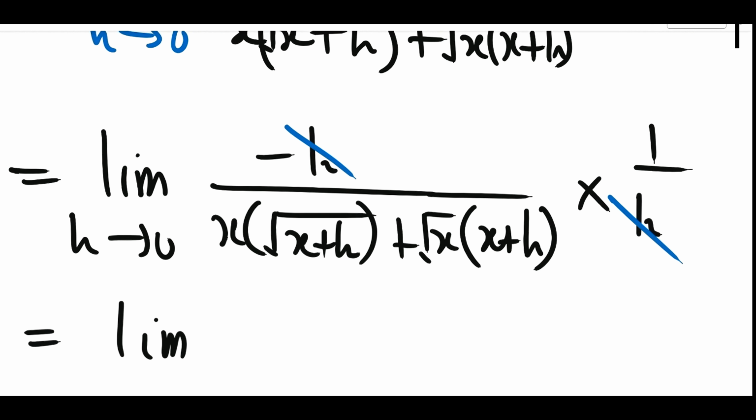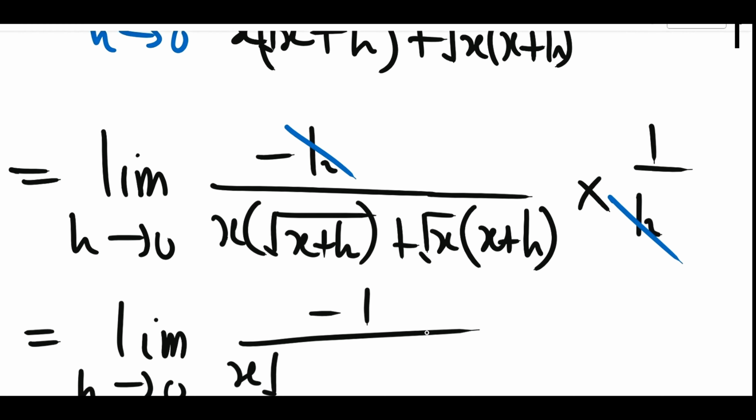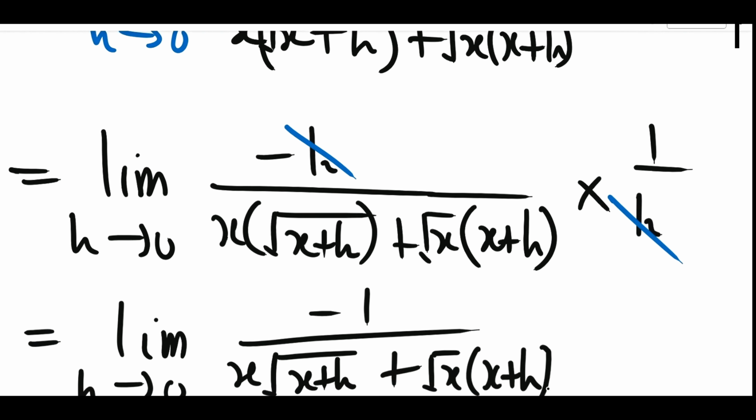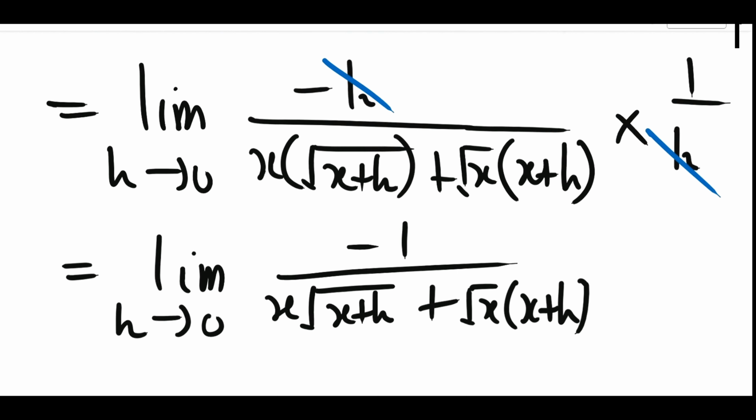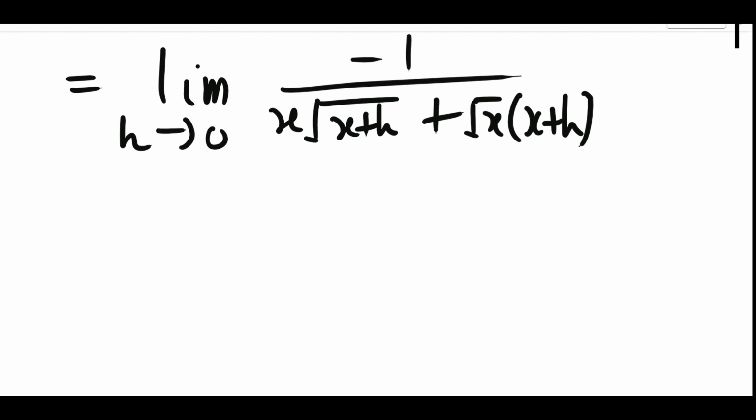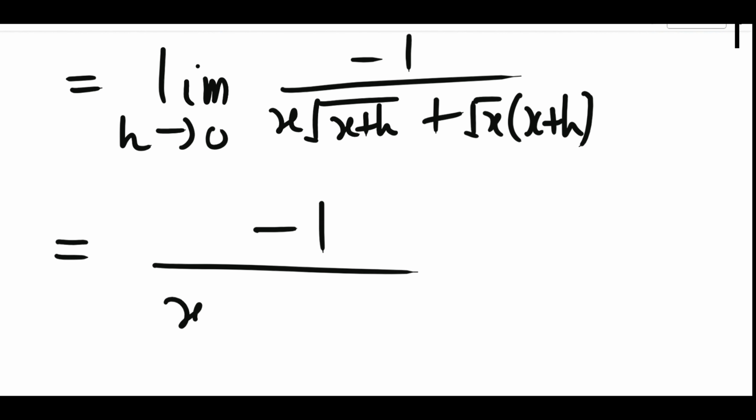So we are left with the limit as h approaches 0. Here will be negative 1, all divided by x and square root of x plus h, and plus square root of x multiply x plus h in the other bracket. So now we can take the limit, so it will be negative 1, then here will be x plus the square root of x plus h.